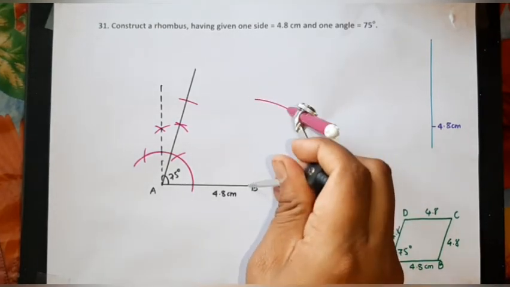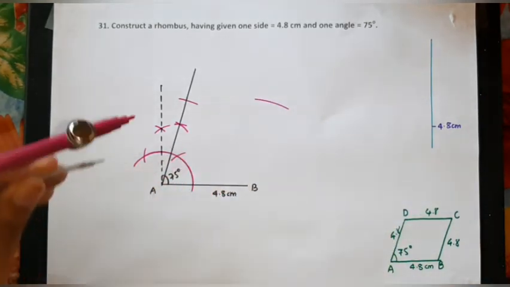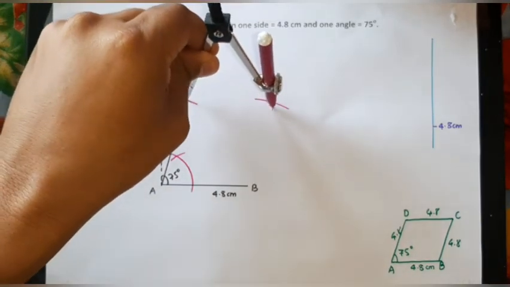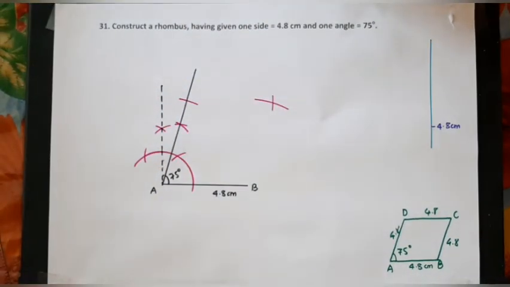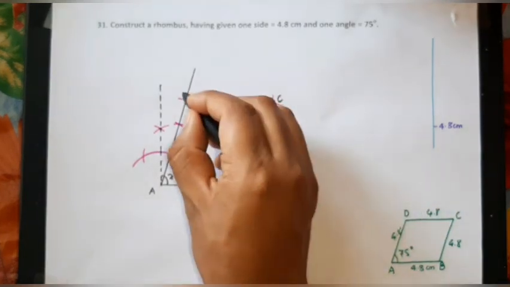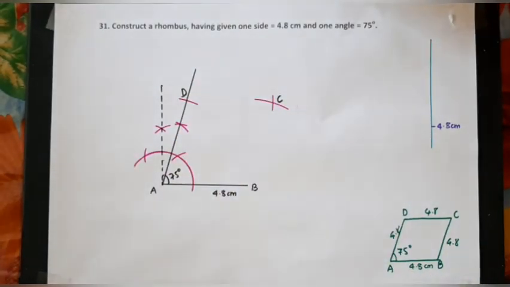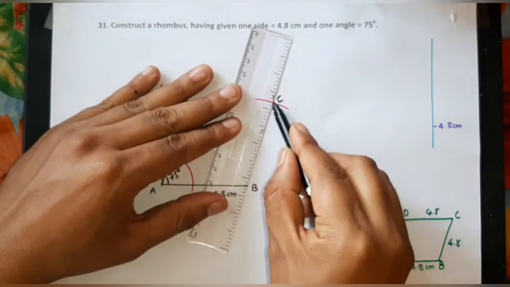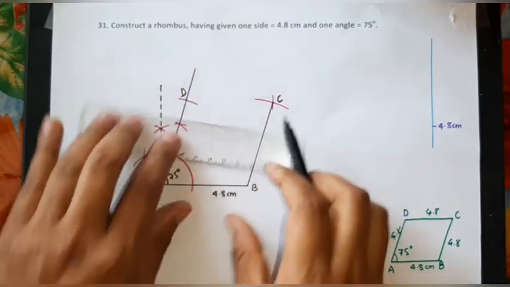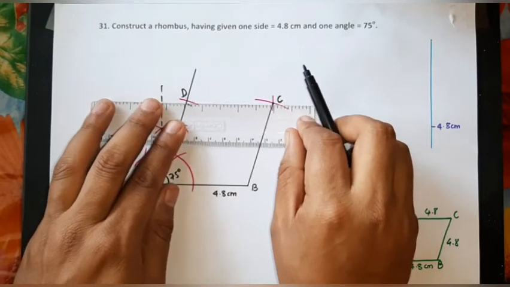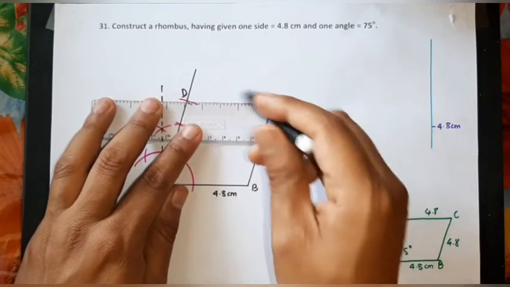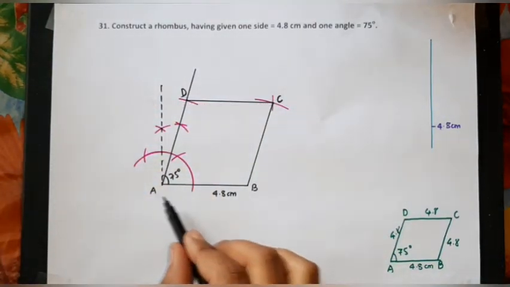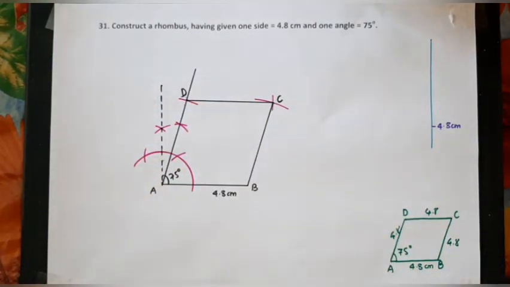Let me draw a 4.8 arc, and from point D I have to take again 4.8. So this point will be my point C, and this is point D. At last let me join all the vertices in order to get my rhombus. So ABCD is a rhombus here.